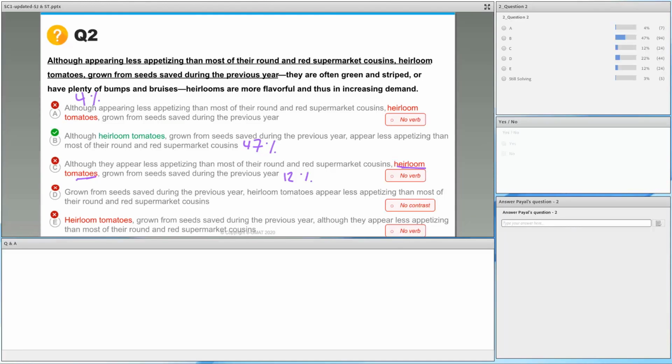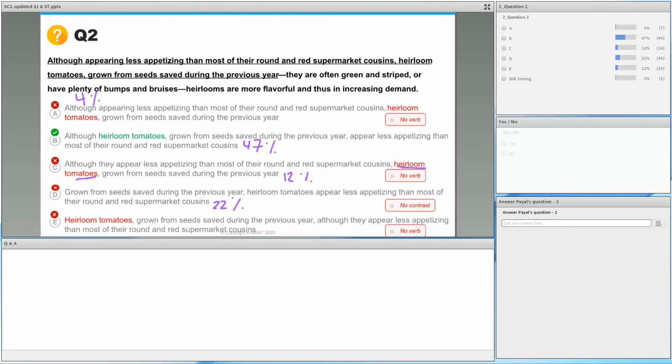Choice D, which 22% of you picked, so you were looking for that correct grammatical structure, but from a meaning perspective, there's no contrast that's presented, although has been completely removed from the sentence. And we know from our meaning analysis that we need that contrast between how these heirloom tomatoes appear contrasted with how they taste.